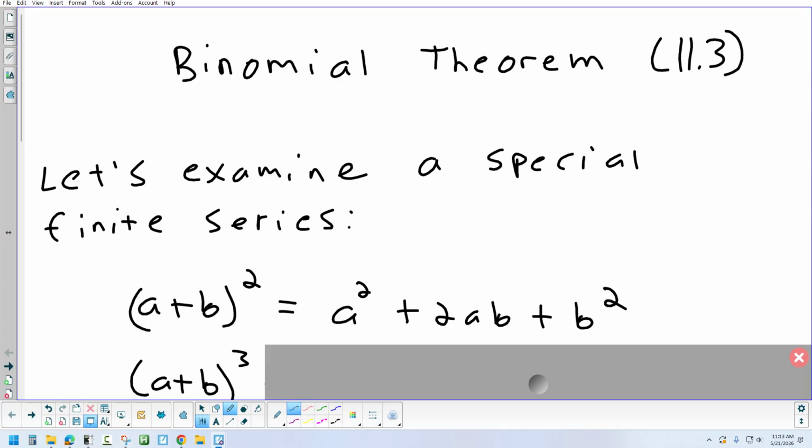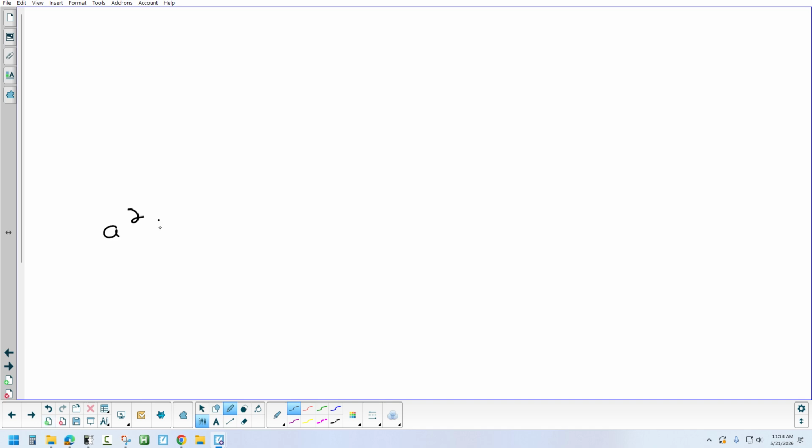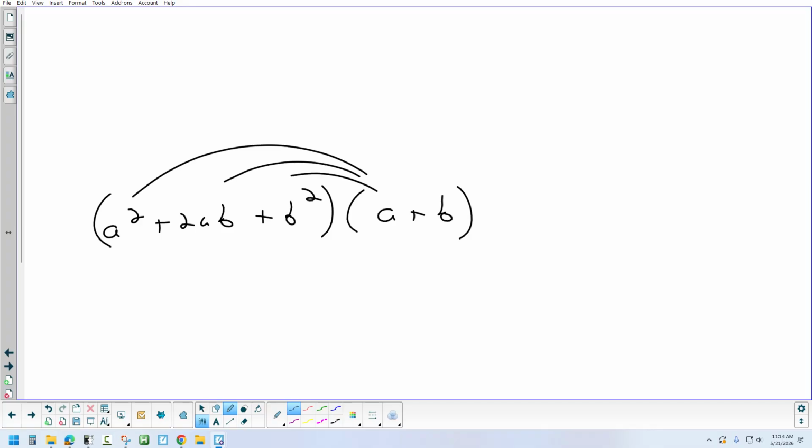Okay. Now let's do a plus b cubed. So that means to take a plus b squared, which we already did out, and multiply it by a plus b again. And now we have to distribute it, so we have 6 multiplications this time. So distribute a to everything. When I distribute a out, what's that going to give me?